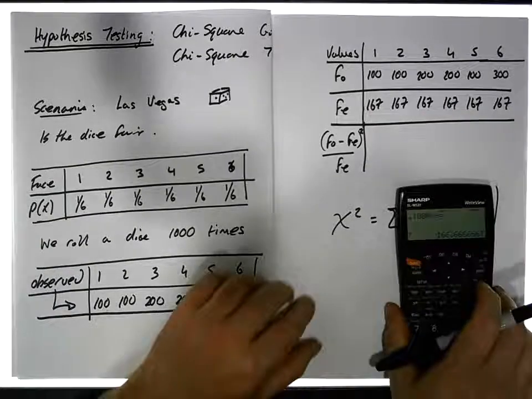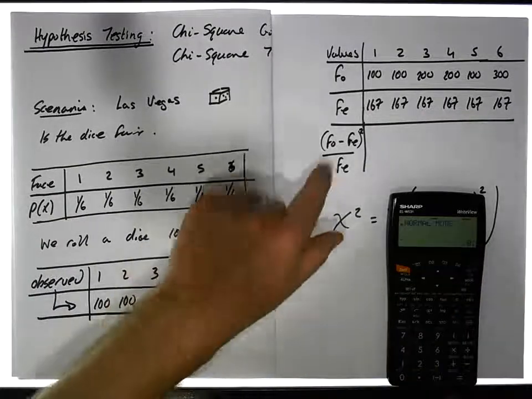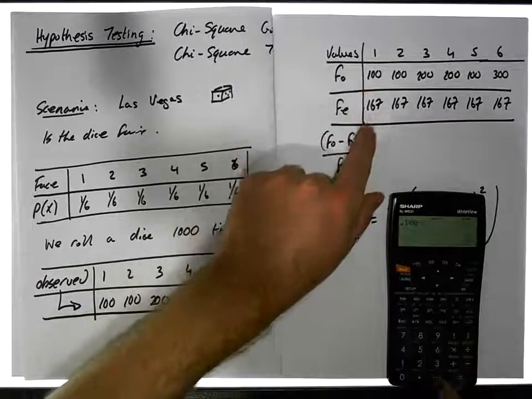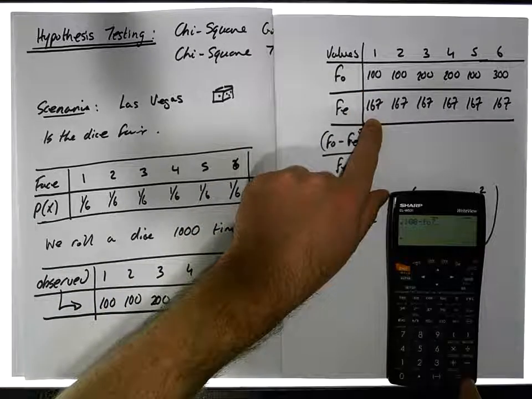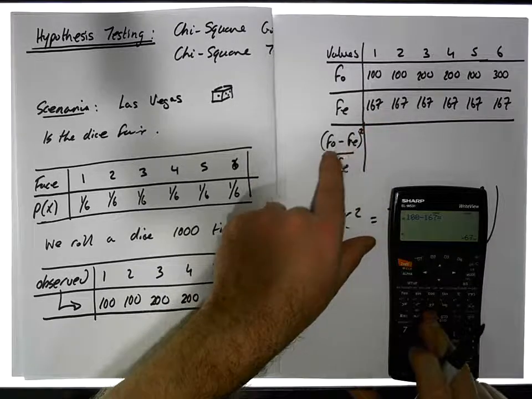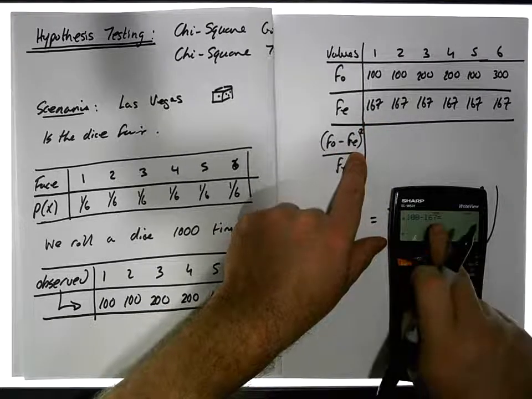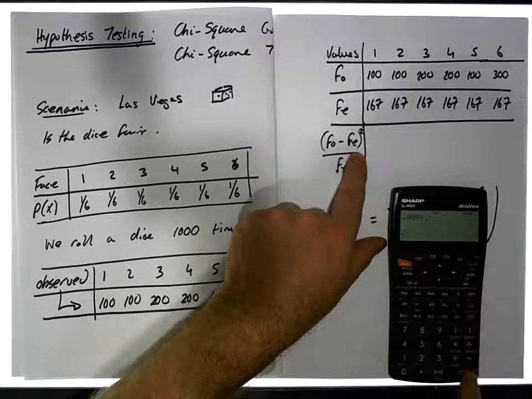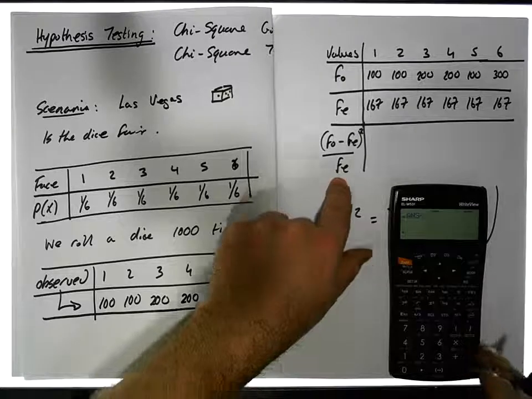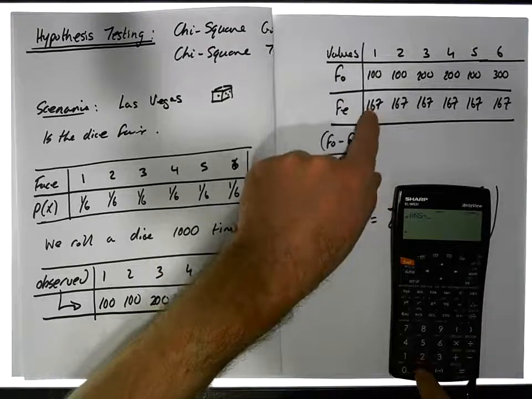So let's do it for the first one. The observed is 100. I'm going to take away from that 167 and square that. So that's 100 minus 167, squared, which gives us 4489. And I'm going to divide by the expected, which for a 1 is 167.